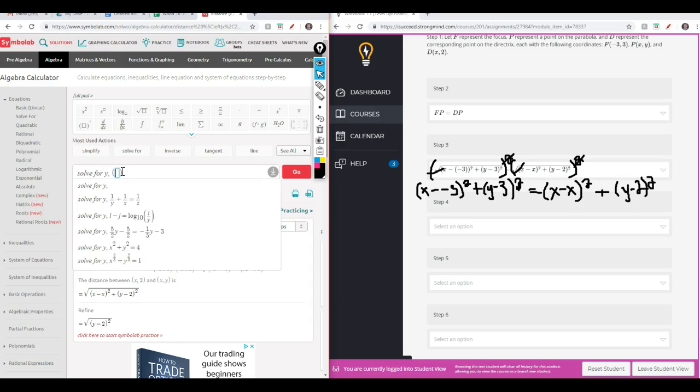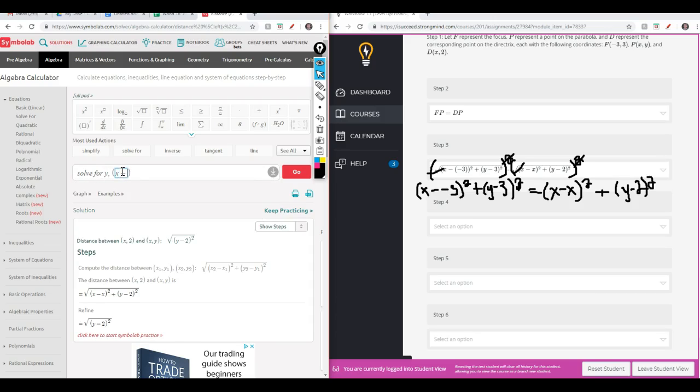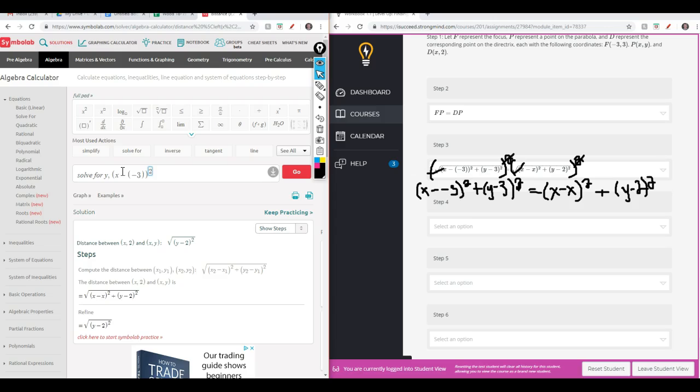Comma, and then we would just type in parentheses x minus parentheses negative 3 parentheses, just like it looks, plus parentheses y minus 3 squared. That's equaling (x minus x) squared plus (y minus 2) squared.